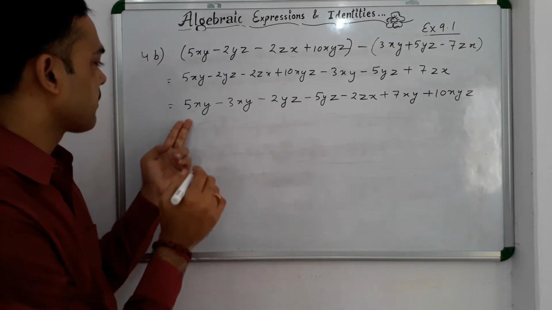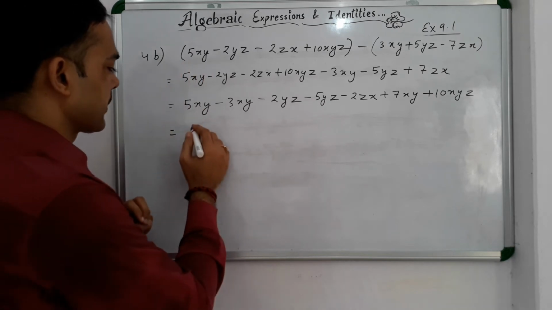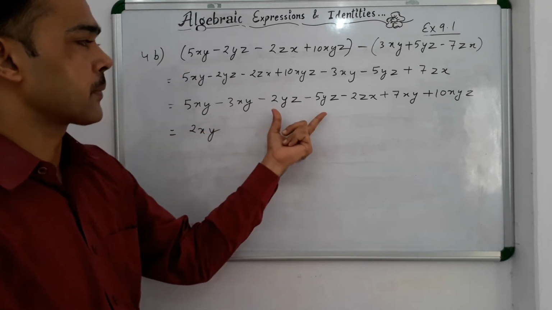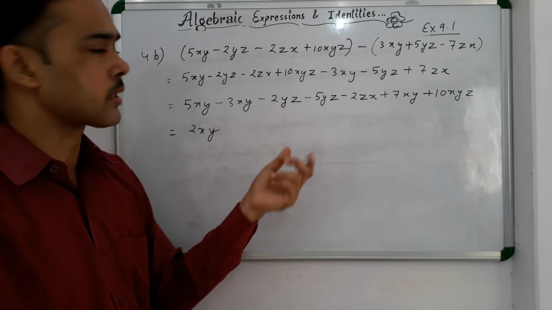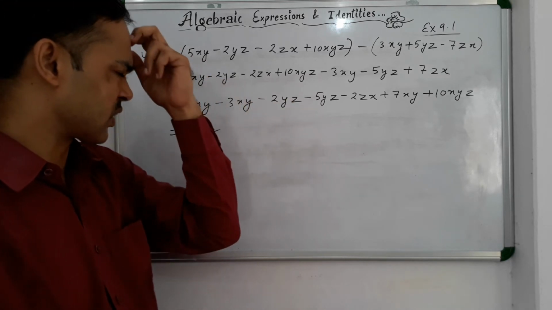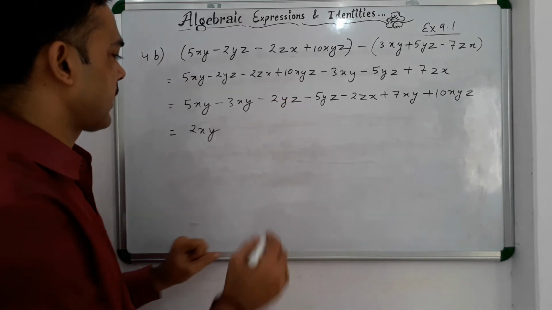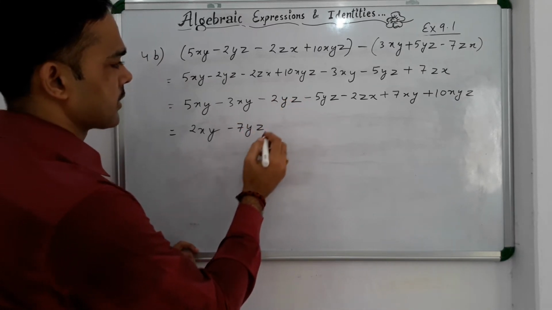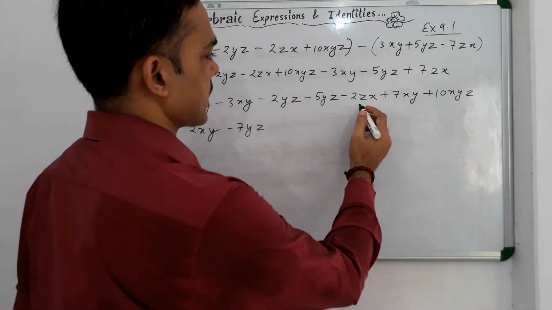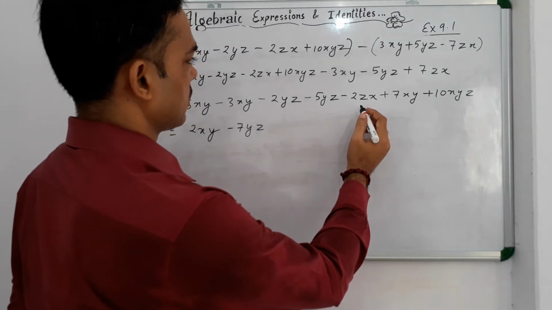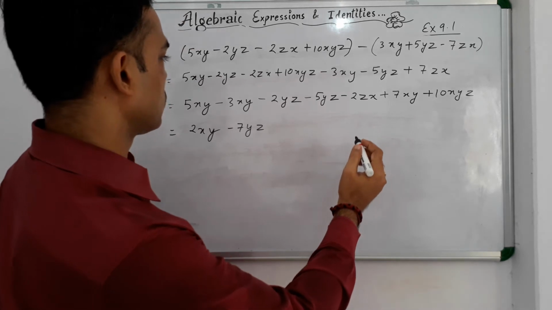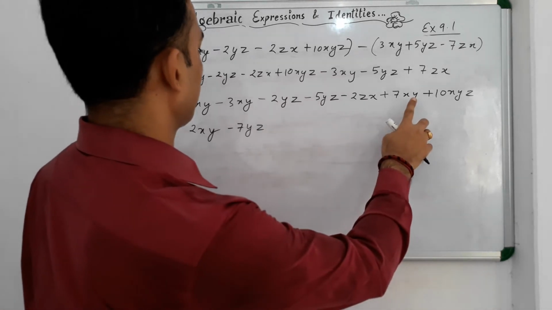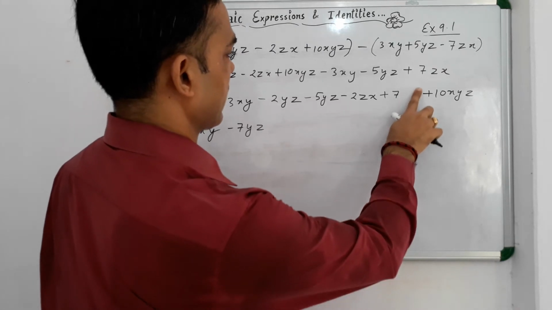Now 5 minus 3 will be 2, so it will be 2xy. They both have the same sign, and you know that same signs always get added, and we put the sign that is over there. So in that way 2 plus 5 will be 7, and the answer will be minus 7yz. We have done this. Now let's move on to zx, and sorry, I have written xy whereas it is zx.